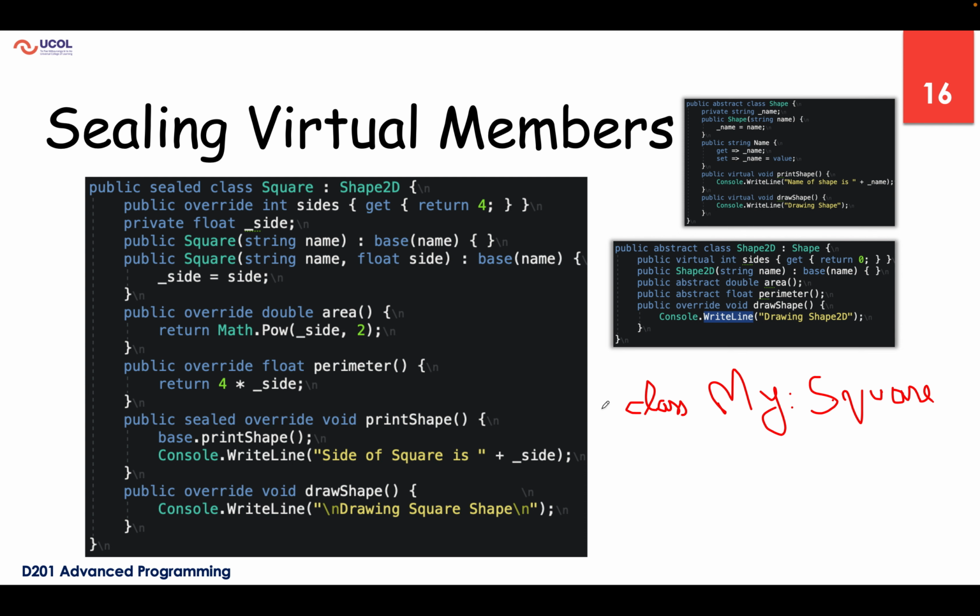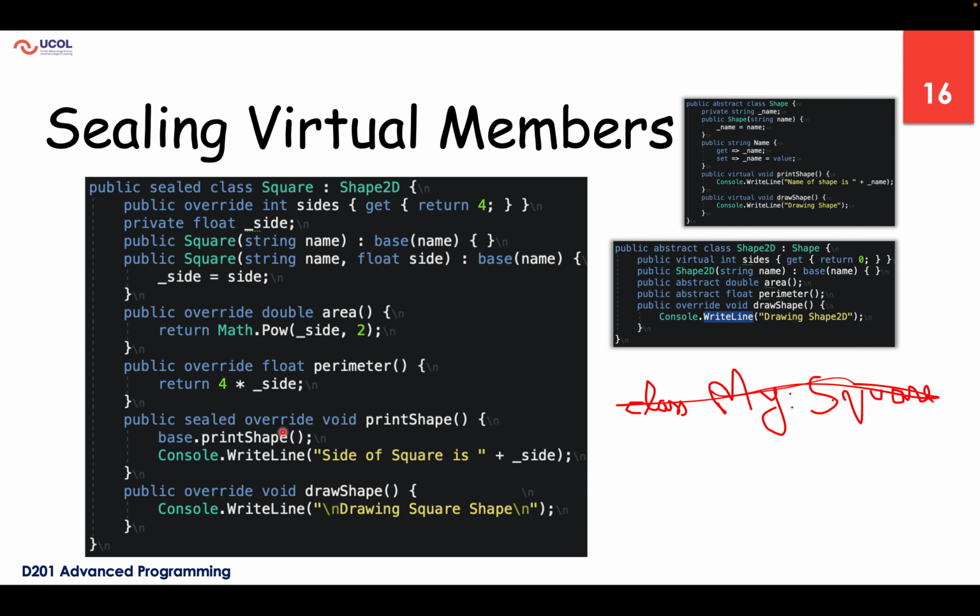Now this is not possible. The reason is that this particular specific class, that is square, is a sealed class, so it cannot be a superclass of any other class. It cannot be a parent of any other class. So that is the purpose of sealing the virtual members.